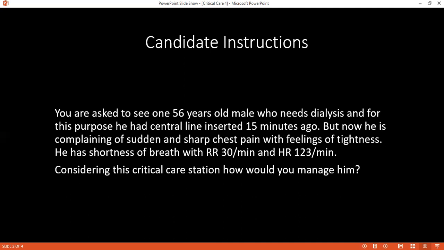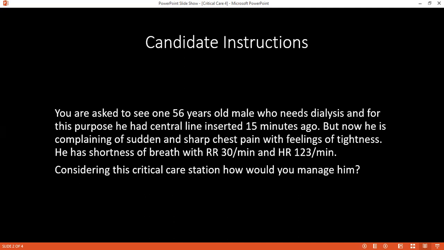I will auscultate the chest and check if there is any diminished breath sound on the affected side, whether there is raised JVP, and whether there is tracheal shifting.